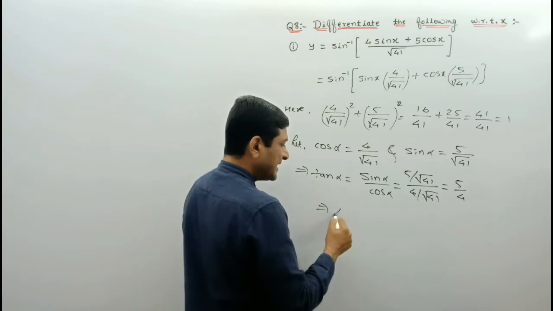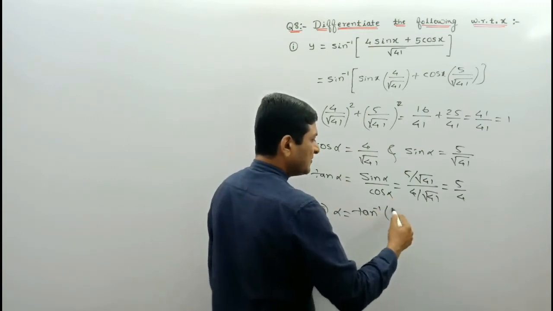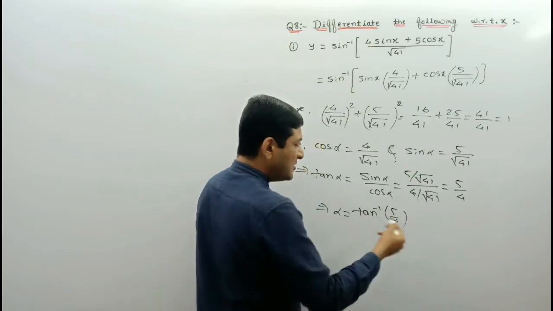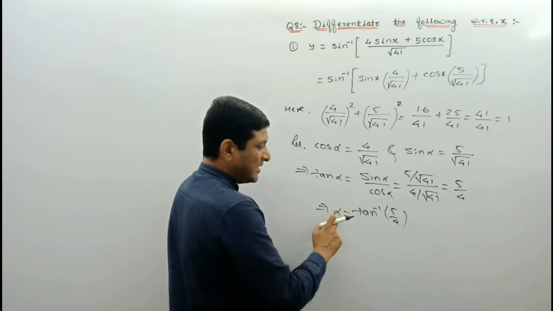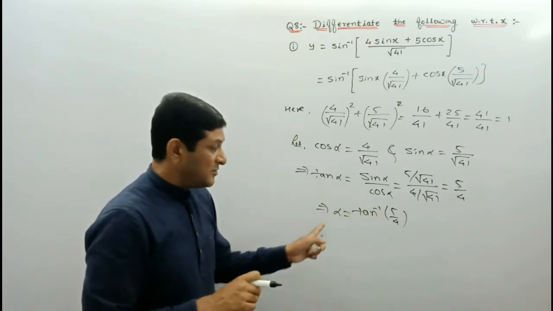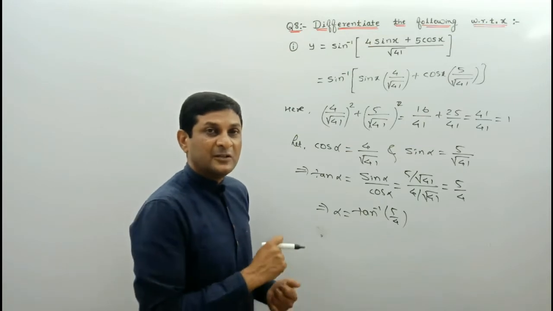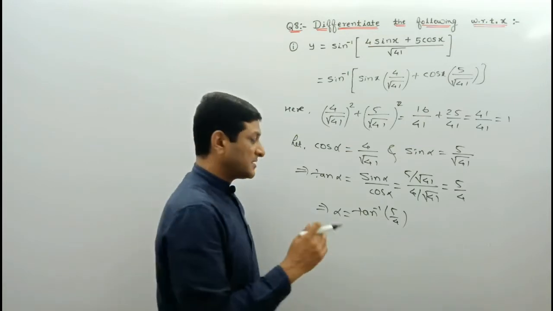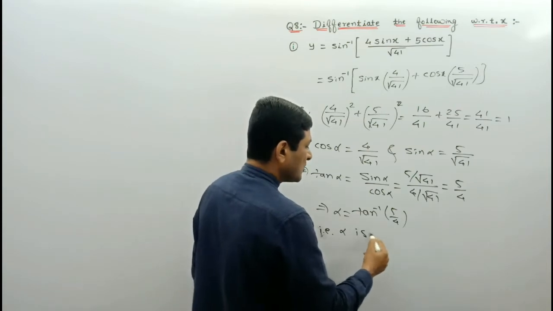So this implies that alpha is equal to tan inverse of 5 by 4, which means we can conclude that the value of alpha is constant.